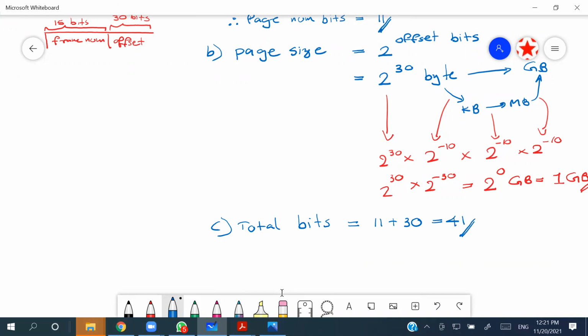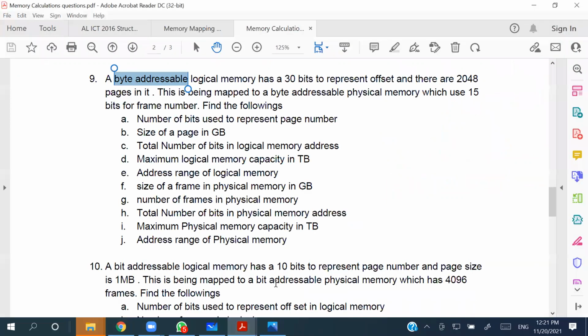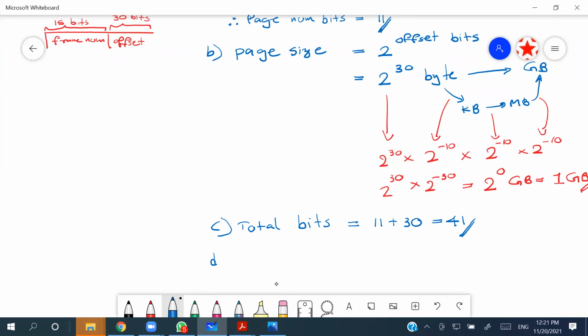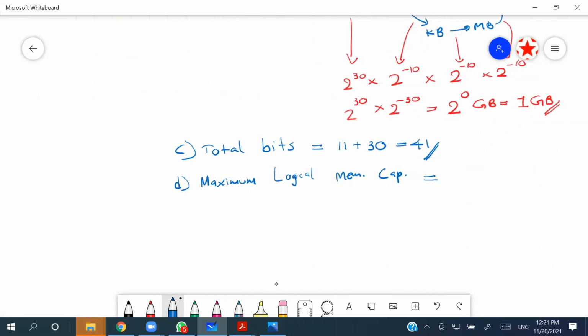And then it is asking for the maximum logical memory capacity in terabytes, right? So we can say maximum logical memory capacity equals 2 to the power total bits.